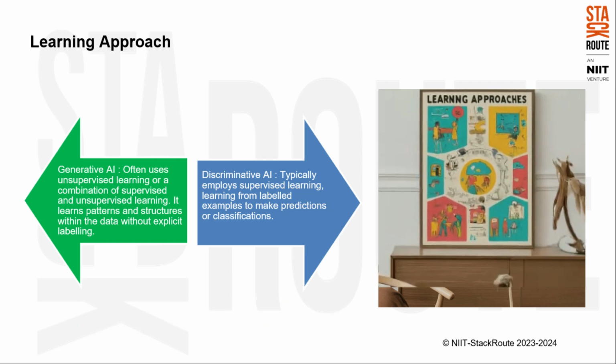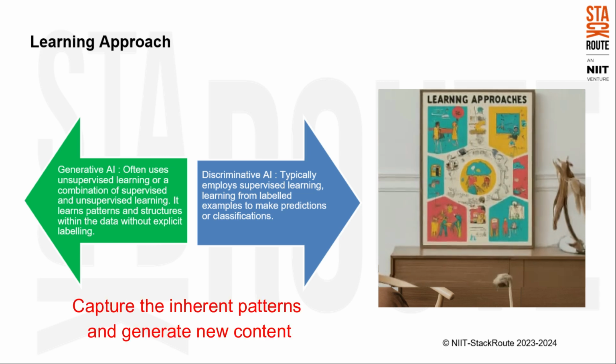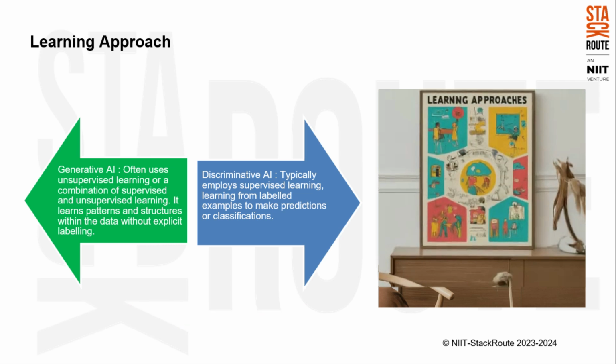By learning from the data without specific labels or targets, generative AI models can capture the inherent patterns and generate new content based on that understanding. The choice of learning approach reflects the different focuses of generative AI and discriminative AI models. Generative AI models prioritize learning the underlying structures of the data, as well as the ability to generate new content.